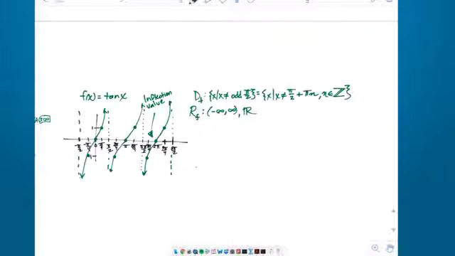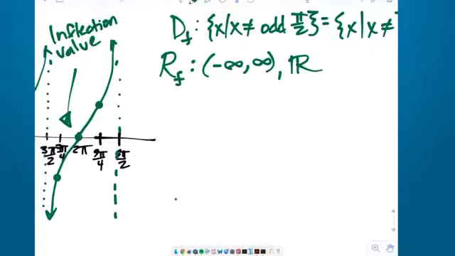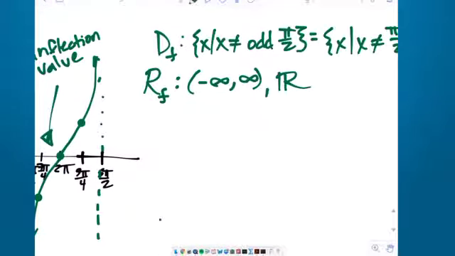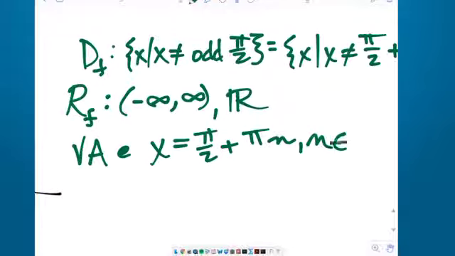All right, so we got the domain and range. Those are probably the first two things that you always talk about with any graph. Since we talked about where the vertical asymptotes are, let's go ahead and state it. The domain is everything but the vertical asymptotes, so we actually have vertical asymptotes at x equals pi halves plus pi n, where n is an integer.